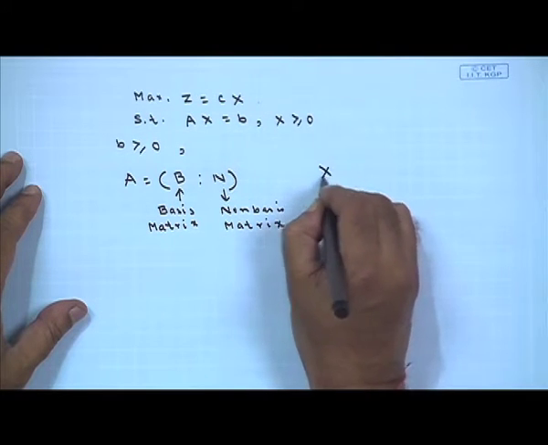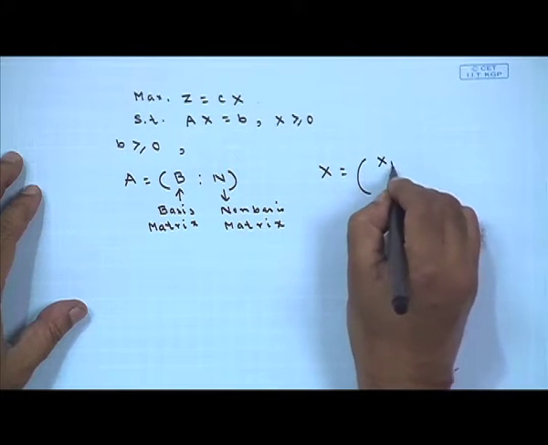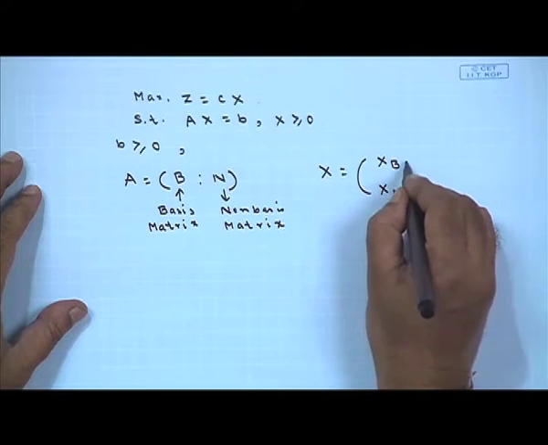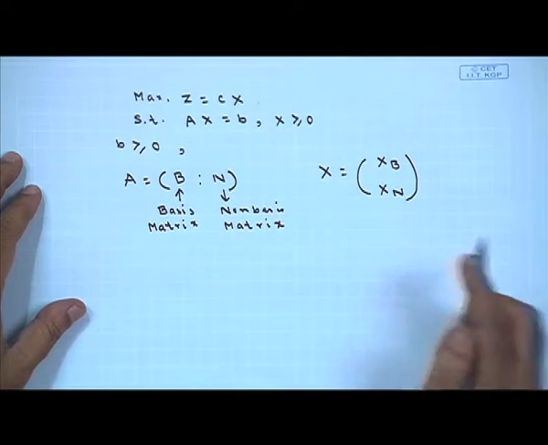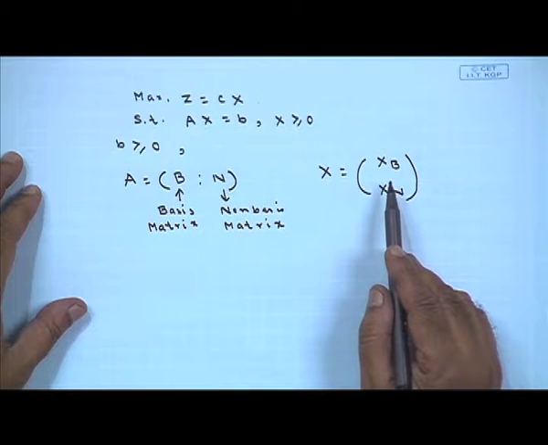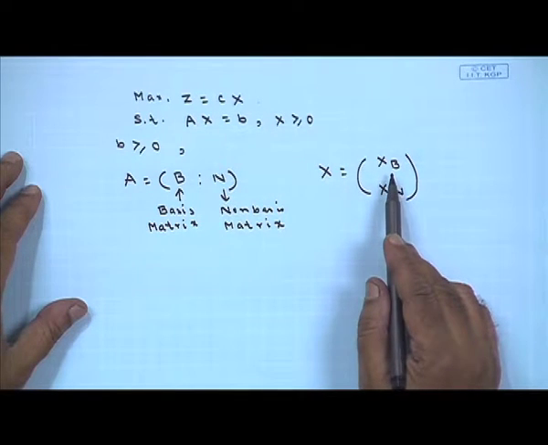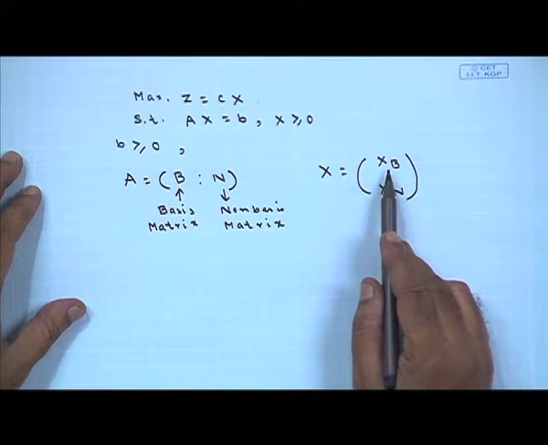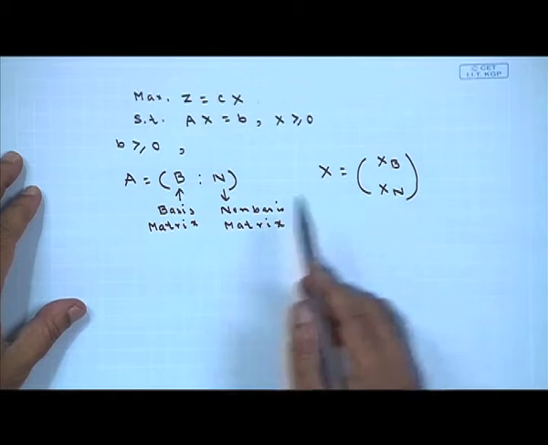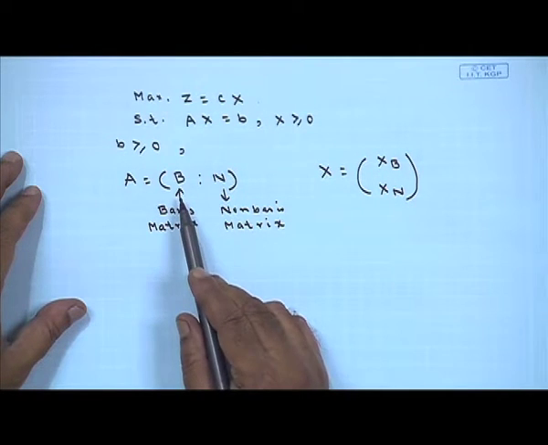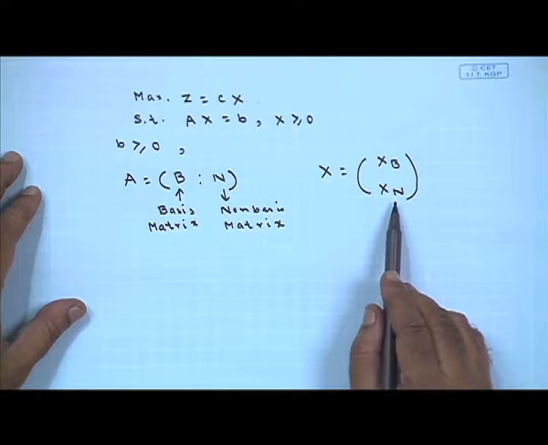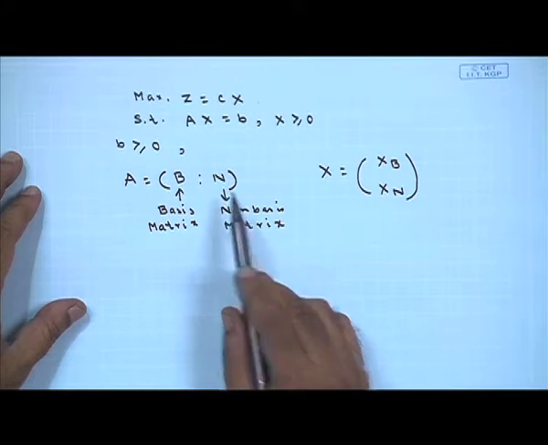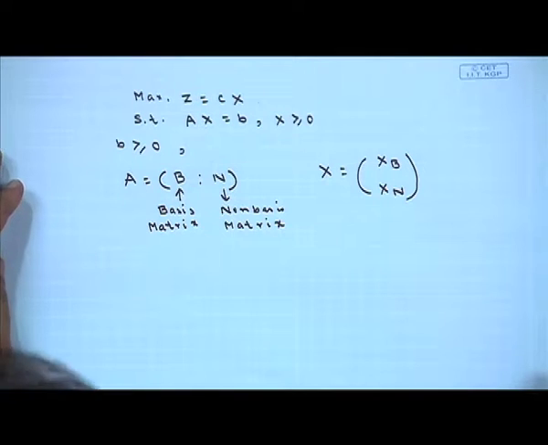Similarly, x can be written as xb and xn, where xb consists of basic variables corresponding to the basis matrix B, and xn consists of non-basic variables corresponding to the non-basis matrix N.